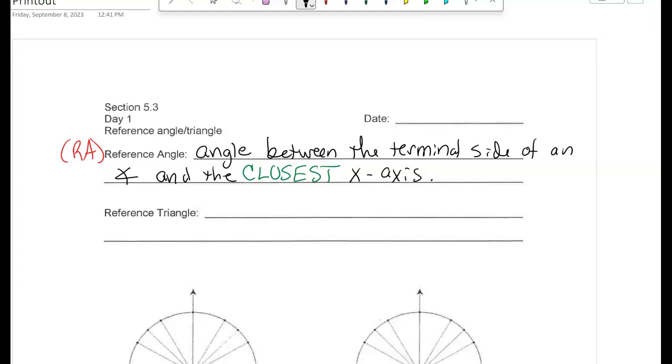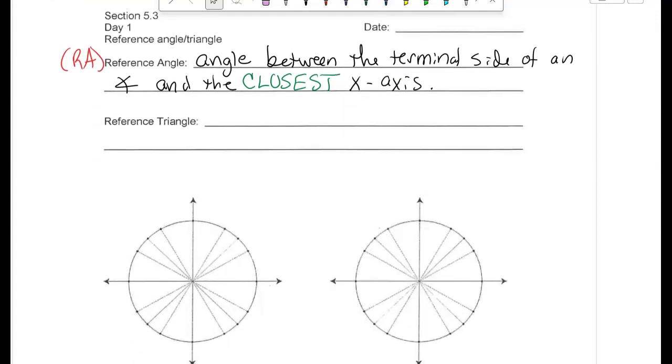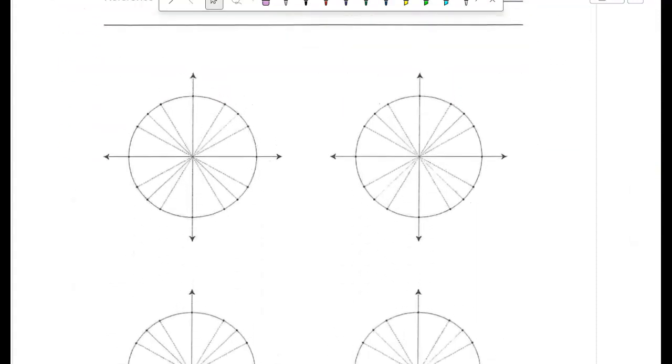Did everyone get the definition down with me so far? All right, so I want an angle between the terminal side of an angle and the closest x-axis, because what this does is allow us to quickly calculate things without having to use big numbers. Oh, what a concept, right? Let's make it as easy on ourselves as possible.